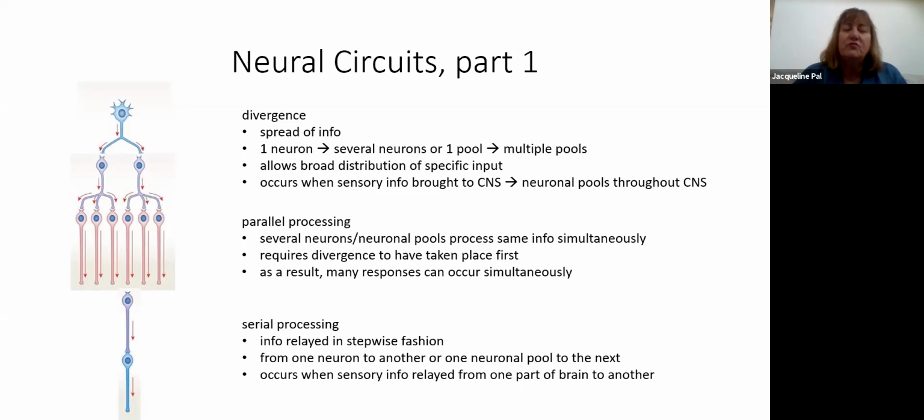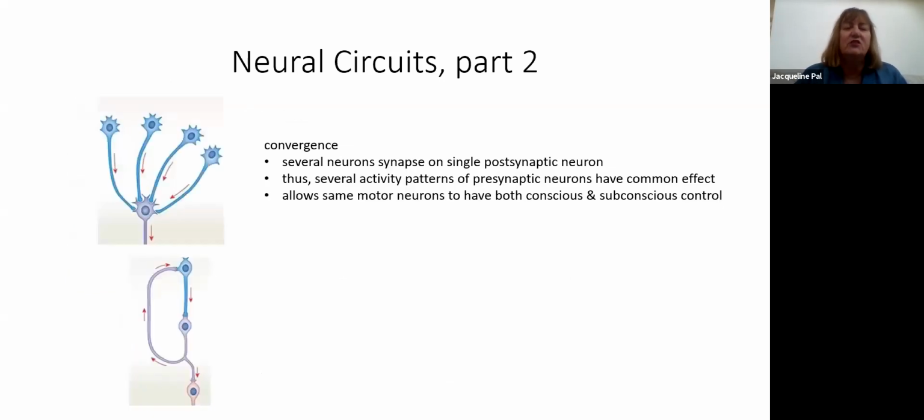Okay. So those three, as you can see, are kind of all intertwined with each other. And you can't have the parallel processing if you don't have the divergence. Now, the opposite of divergence is known as convergence, where several neurons are bringing information and sending it to only one neuron on the other end of a synapse.